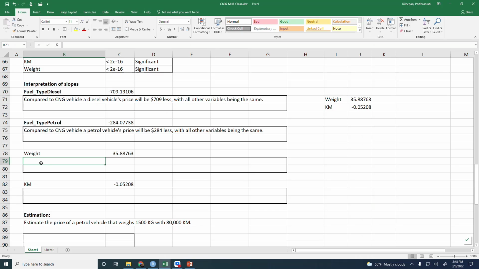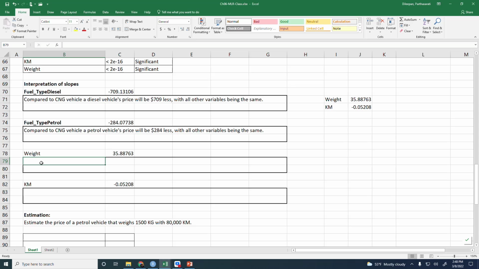Remember, slope is what? In 2 dimensions, it will be rise over run, right? So when x goes up, what happens to y? So here x is weight. If weight goes up by 1 unit, what happens to the target? Target is price. So if weight goes up by 1, and here the weight is in kilograms.